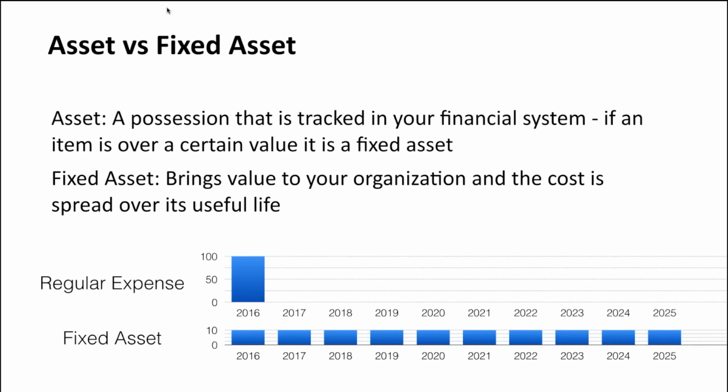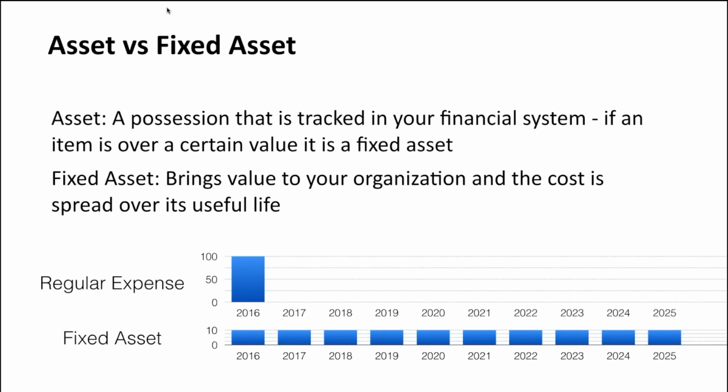But let's say I wanted to purchase a new soundboard for the audiovisual department. That soundboard might be $8,000. What I don't want to see is $8,000 worth of expenses on my October 2016 income statement because it's a lot.